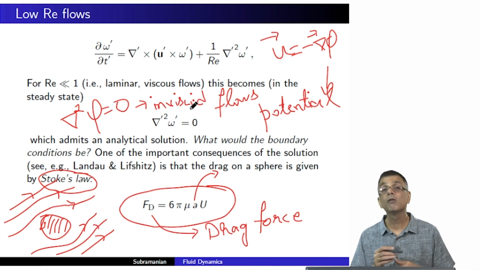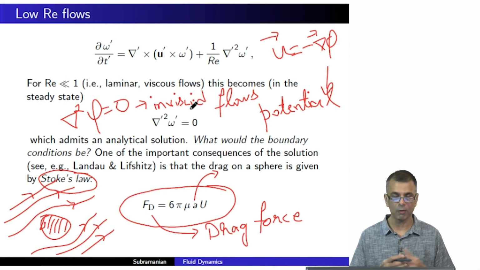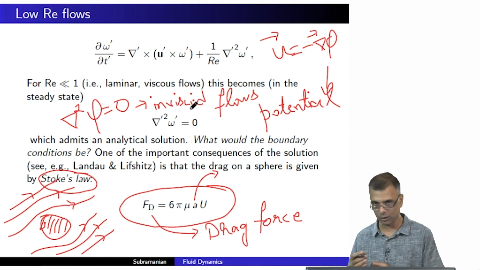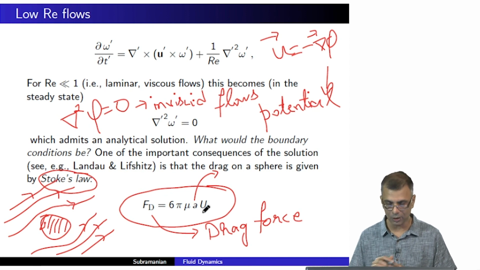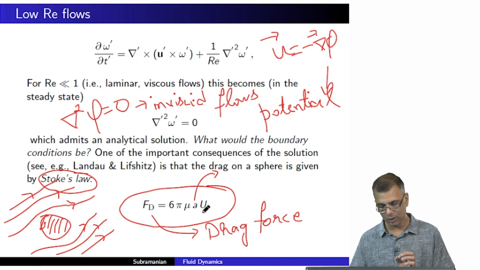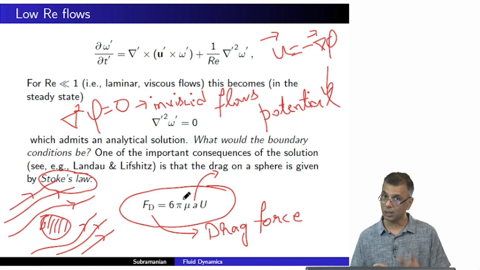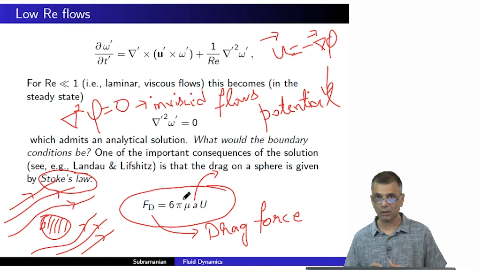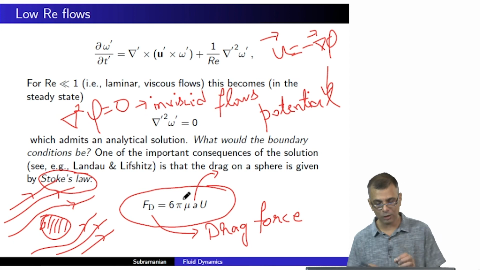And from this, one can show that the drag due to a viscous fluid flowing past a smooth solid sphere is given by this. The main thing to note is that the drag force is linearly proportional to the velocity. And the viscosity coefficient also finds a place in here. This is not the case when we start talking about a high Reynolds number situation, as we'll find. So we'll stop here for the time being.